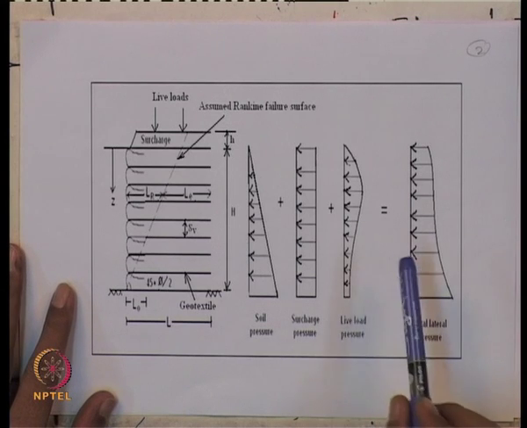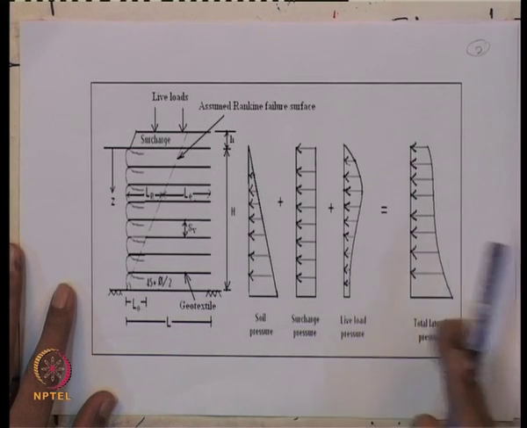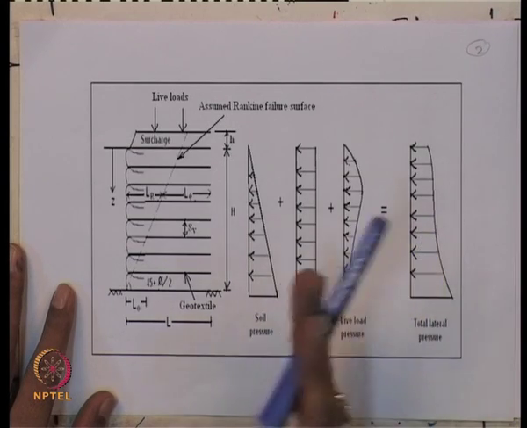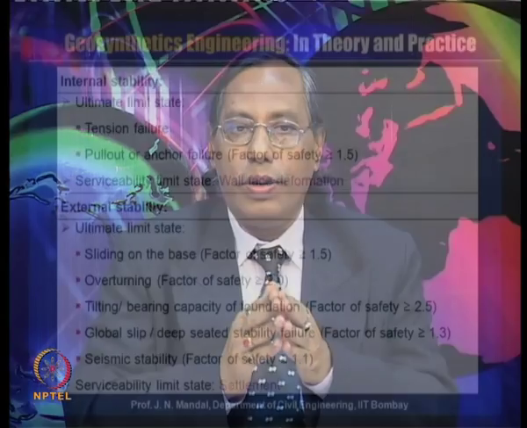First of all, you have to calculate what pressures are acting on the back of the reinforced soil retaining wall. When we go for design, we design for the internal stability as well as external stability. For the internal stability you need the ultimate limit state.